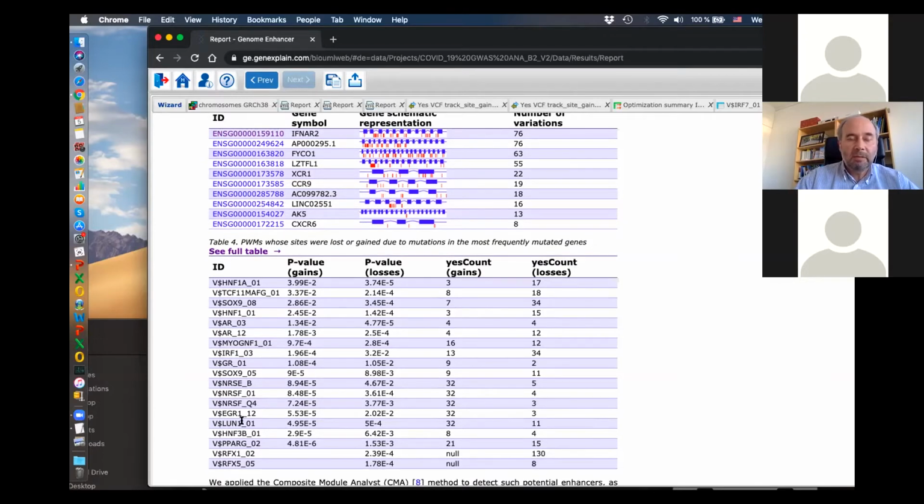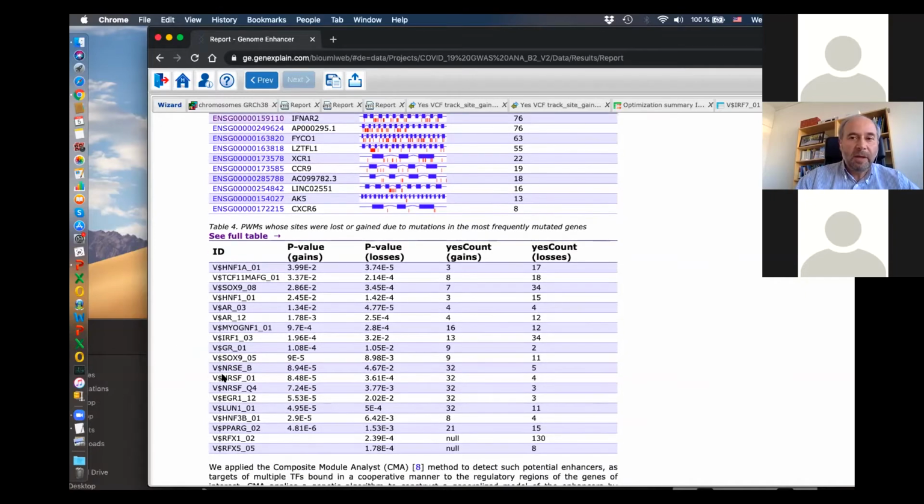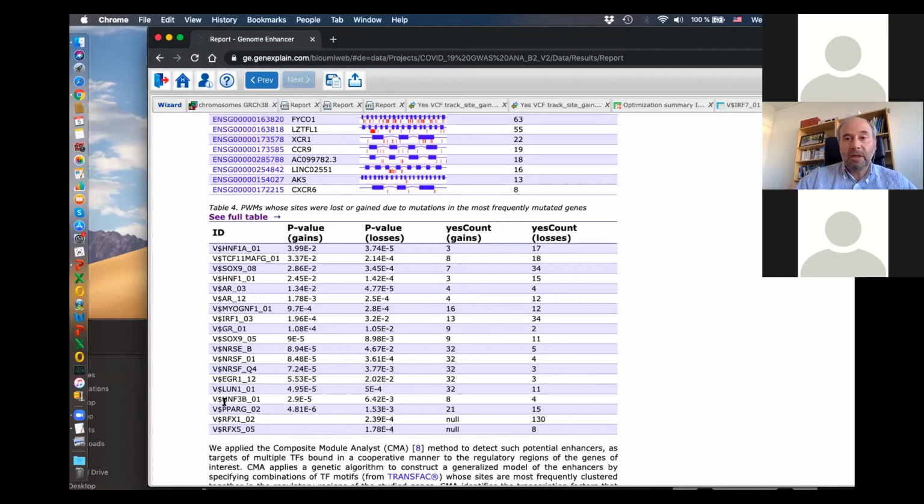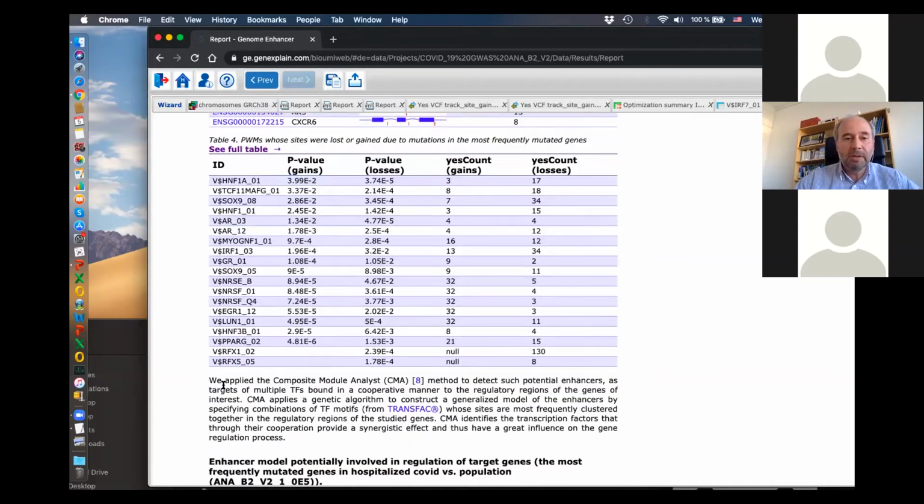This gives us a particular focus on those transcription factors which may be influenced by those SNPs altogether. So what happens in those people who carry those SNPs in the regulatory regions is that they often affect sites for these transcription factors, and this may lead to a change of regulation of the corresponding genes.